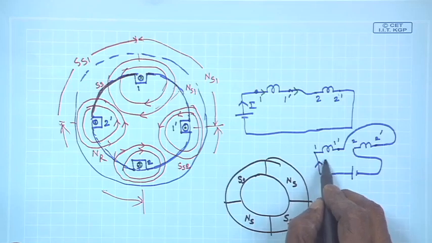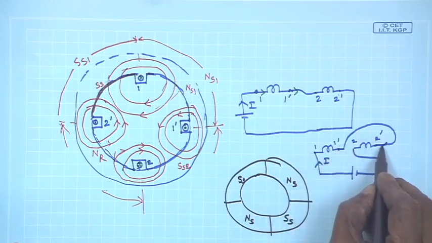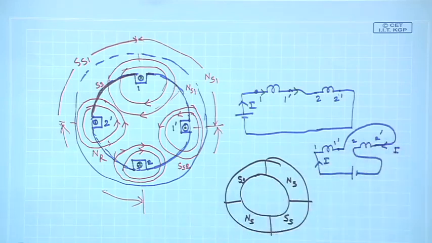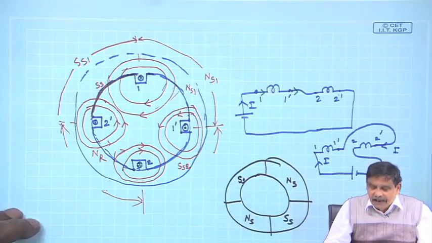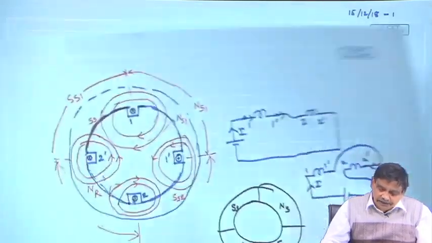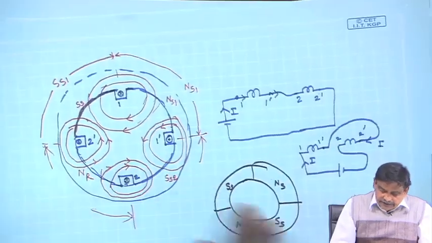That is, current now flows like this: through 1 the current enters, and for the second coil, through 2 dashed the current enters, and it is like this. Then how many poles do you think this machine produces? Please do this, and I will be very happy if you can. You will then be following me correctly. So, this is the number of poles.